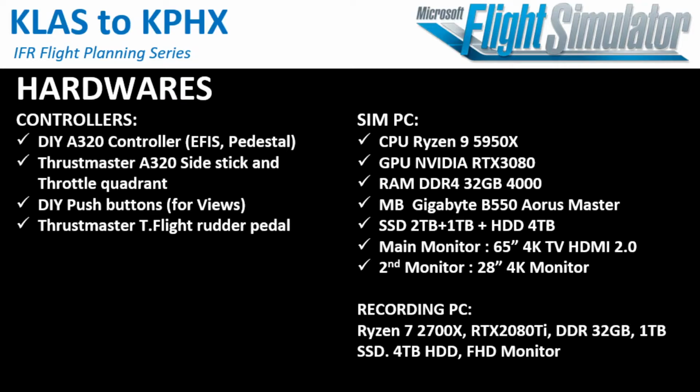I'm using my DIY A320 controllers for the FCU and EFIS, and then a pedestal for parking brake, flaps, and spoiler, Thrustmaster A320 side stick and throttle quadrant, DIY push buttons for views, and Thrustmaster flight rudder pedals. For the sim PC itself, I'm using a Ryzen 9 5950X, and the GPU is an NVIDIA RTX 3080. I push it quite high, but within the limits, mostly ultra, but lowering only on less useful features, like textures and everything.